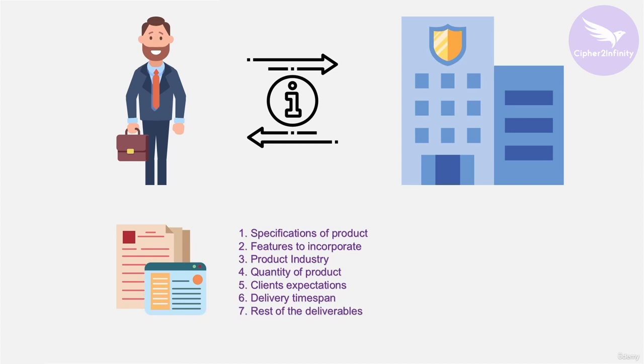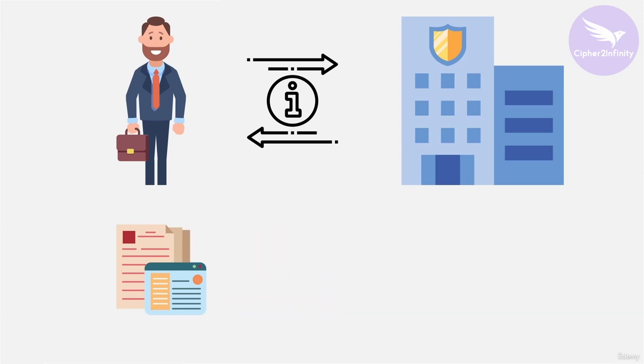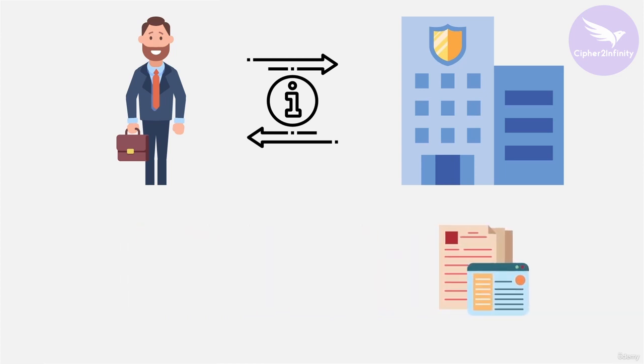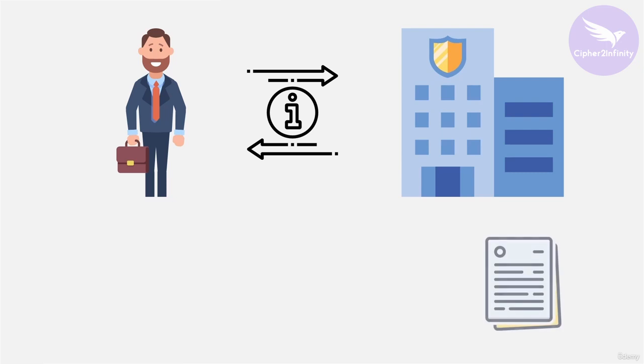All this information will be written in the document which the client is going to share with the company. Once the company receives this document, what is the company going to do? The company is going to build a proposal for that particular product.